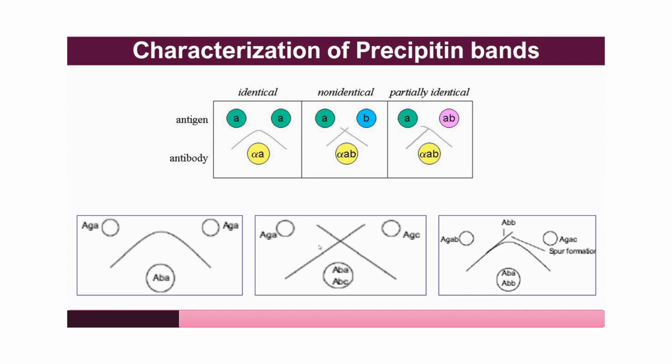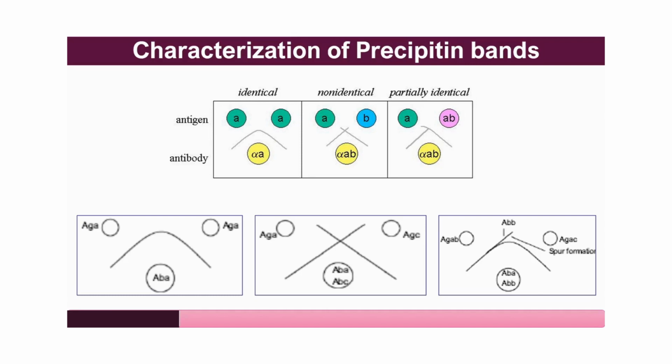They are different, their epitopes are different, their determinants are different corresponding to the antibody. And if they have a partial relationship, somewhat similar but slightly different, you can see the spur formation that will give partial identity.